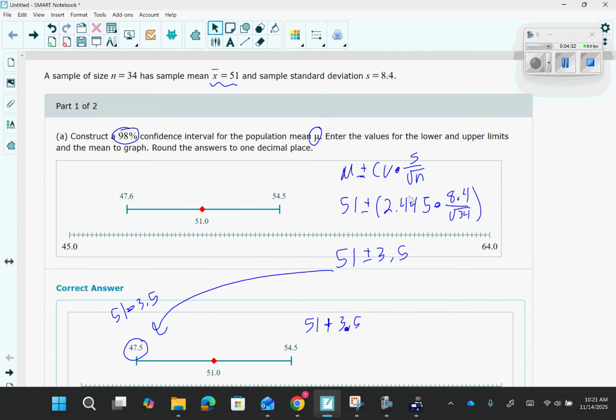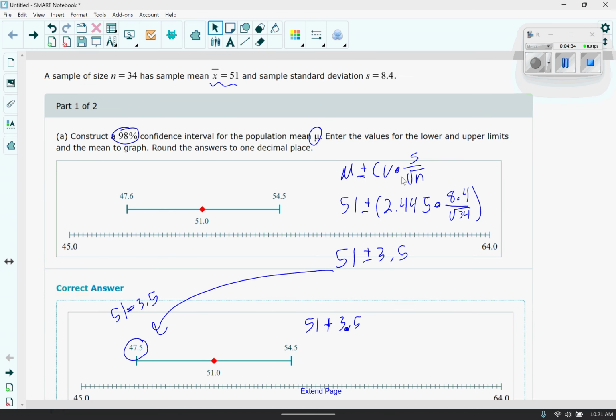Right here. So you can see that you're dividing by the square root of n. So if that value gets larger when you're dividing right here, it's going to shrink this margin of error that's being added and subtracted. So it's going to shrink the interval size right there.